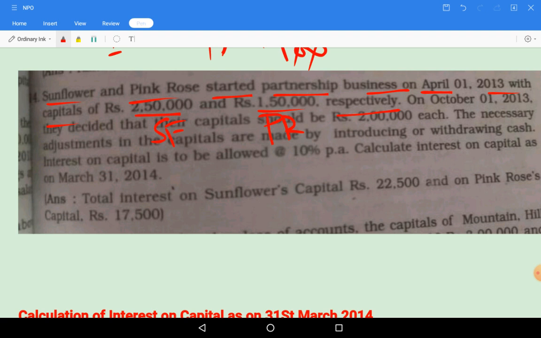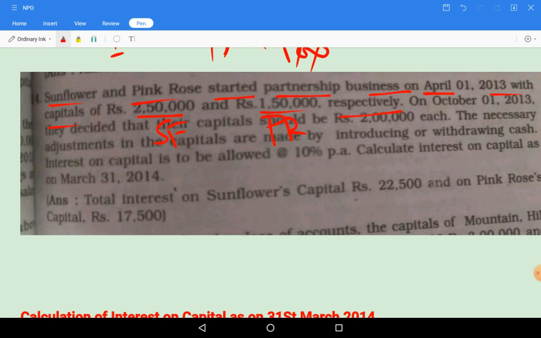Next, they are saying that on October 1st 2013 they decided that their capitals should be 2 lakhs rupees. How much should their capital be? Not 2,50,000, it should be 2 lakhs.